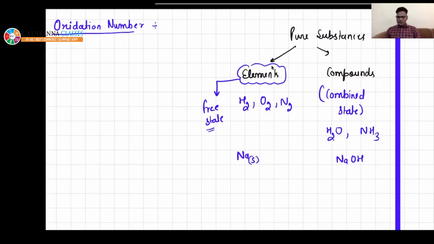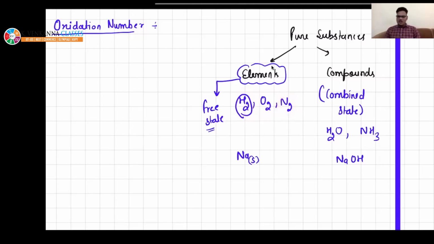For example, hydrogen in nature is present as hydrogen gas, H2. Oxygen in nature is present as O2 gas. Similarly, nitrogen is present in nature as N2.